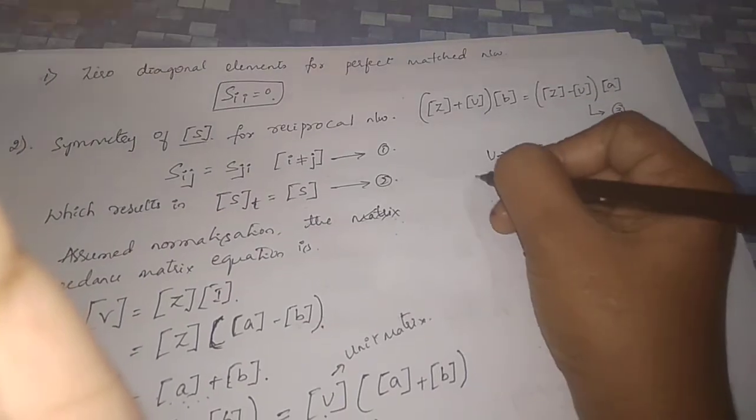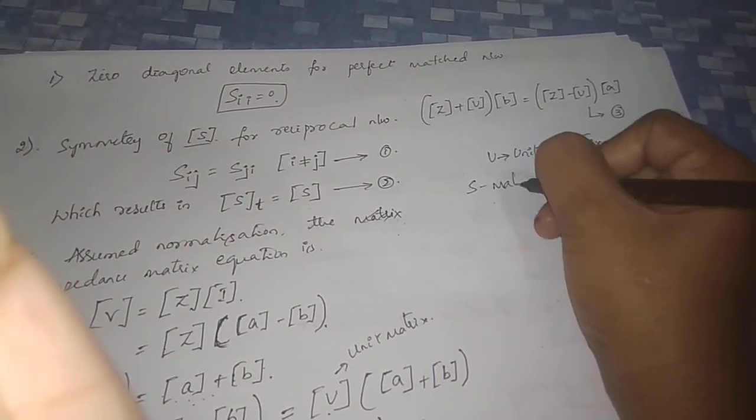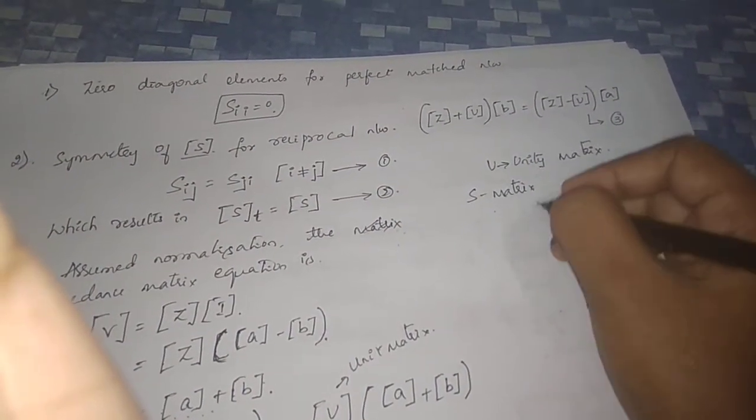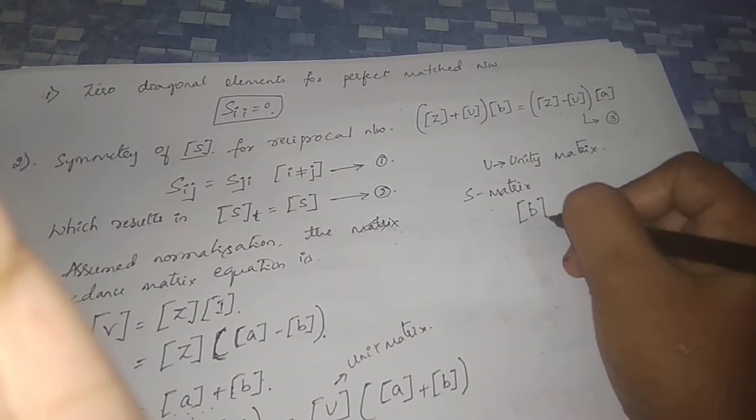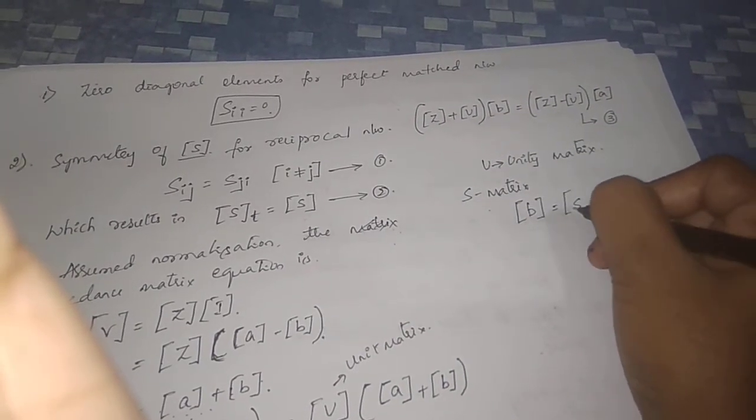And we know the S matrix equation, that is, B is equal to S into A. Correct?